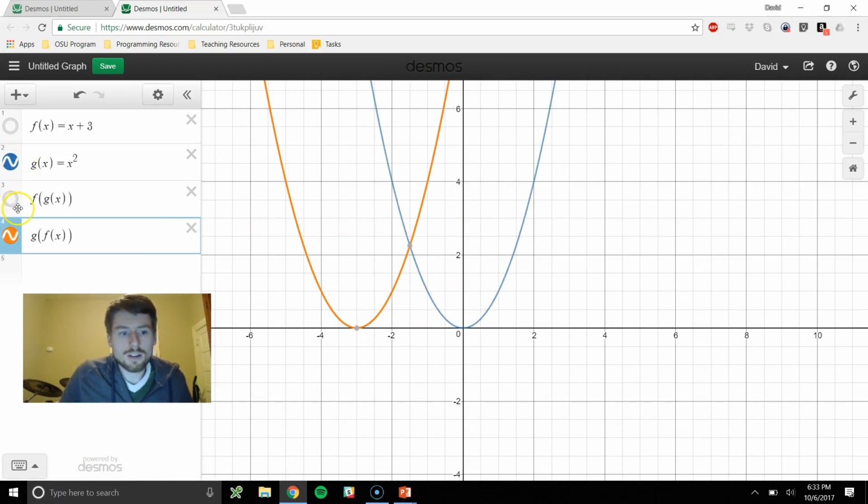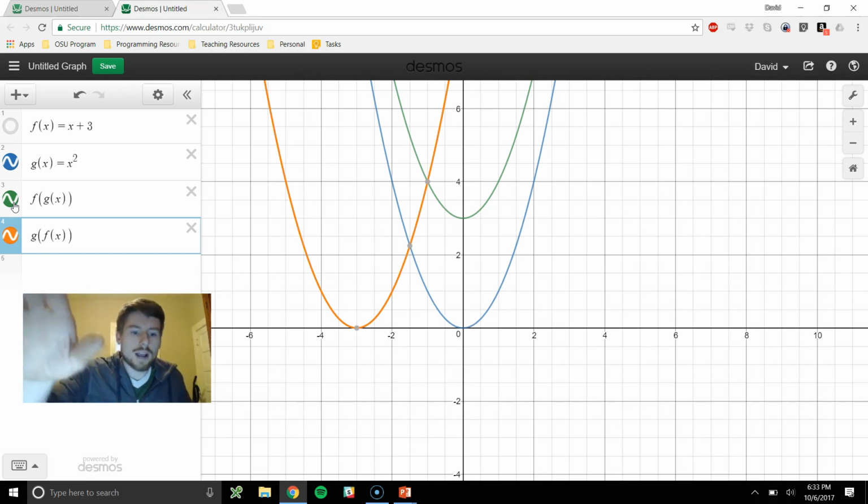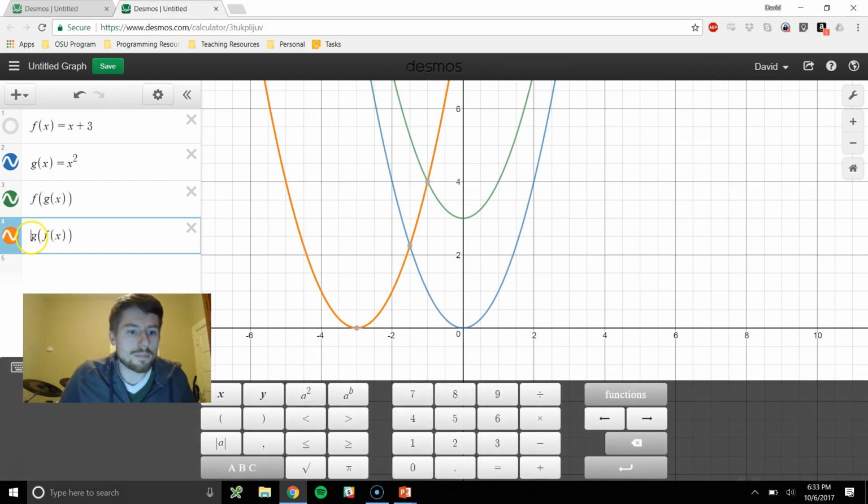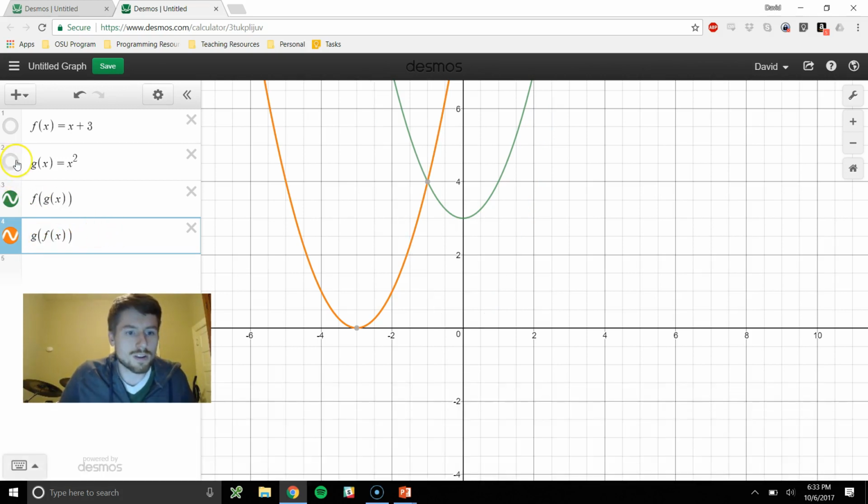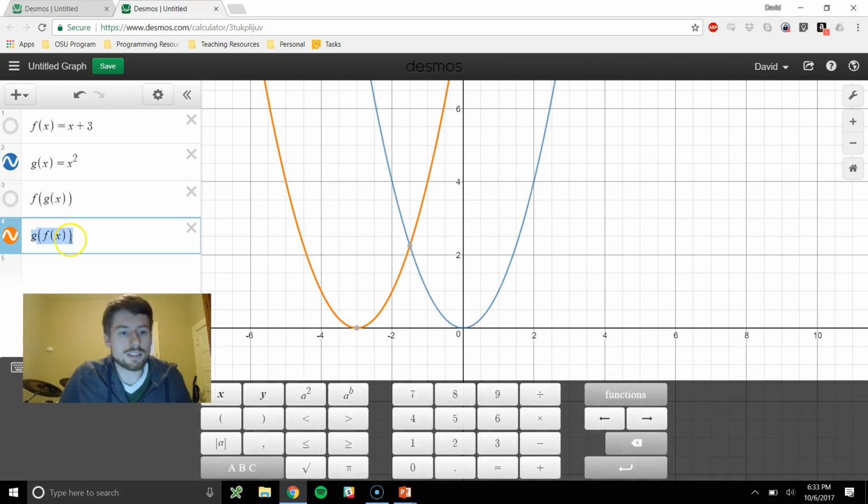So you can take a look and see that g of x's range goes from 0 to infinity, and both the orange and the green graphs are going to be within this range. So no matter what f of x is, really what we're interested in is this guy.